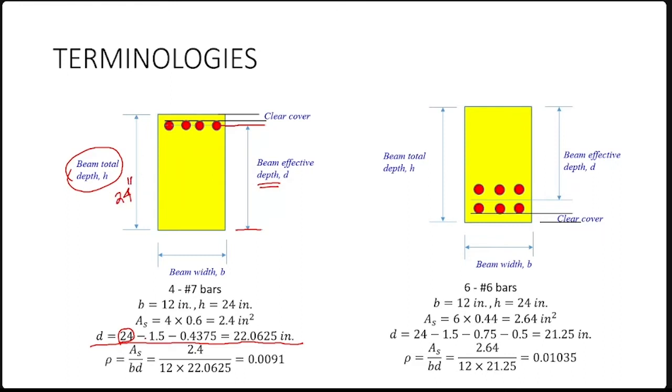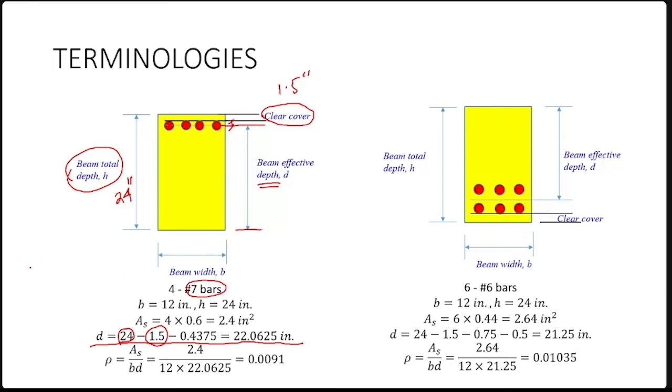So from 24, you subtract the clear cover, which is 1.5 inches. Then to reach the center of the bars, you need to subtract the bar radius. Here the bar is number 7.